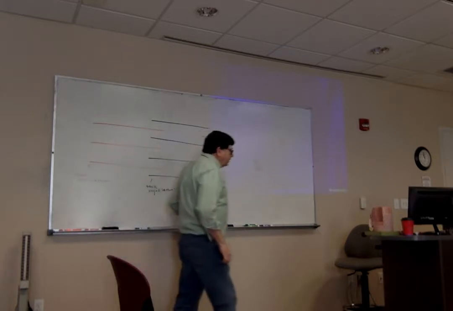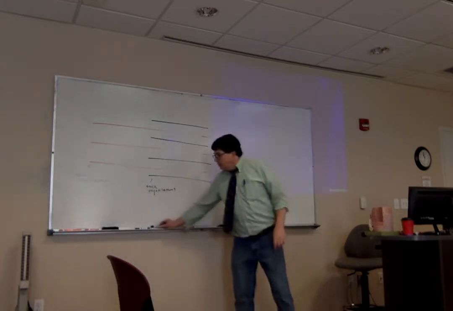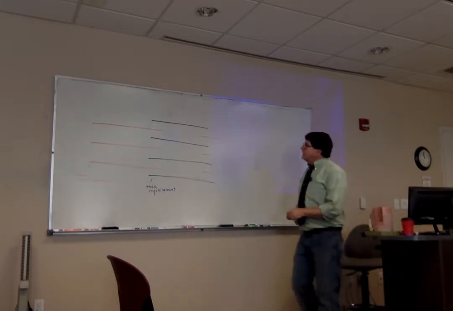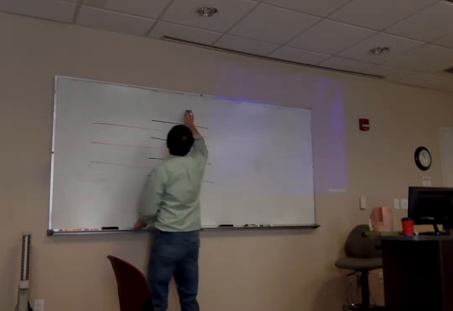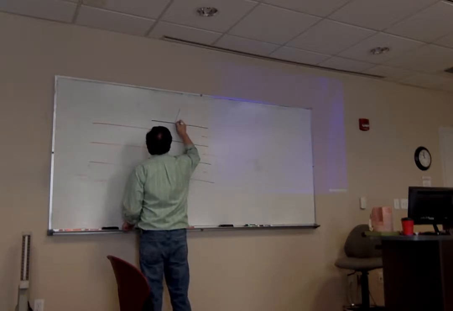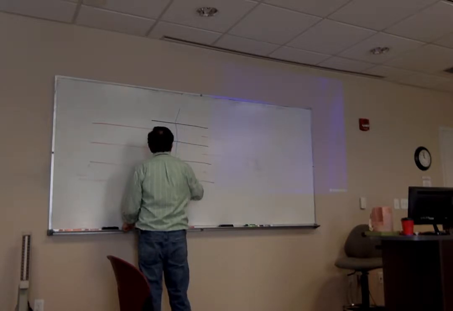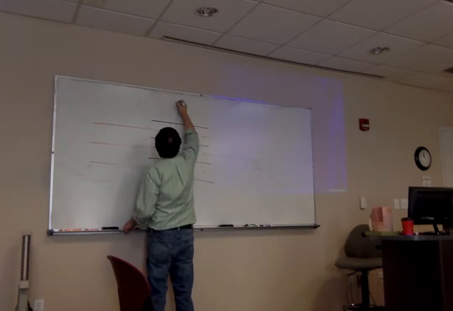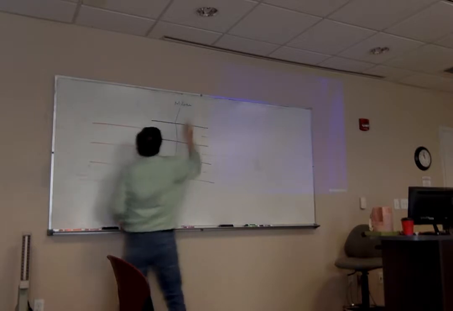Now, the thick myofilaments are going to be tethered together by a band of proteins called desmin. And this protein forms what's called an M line.